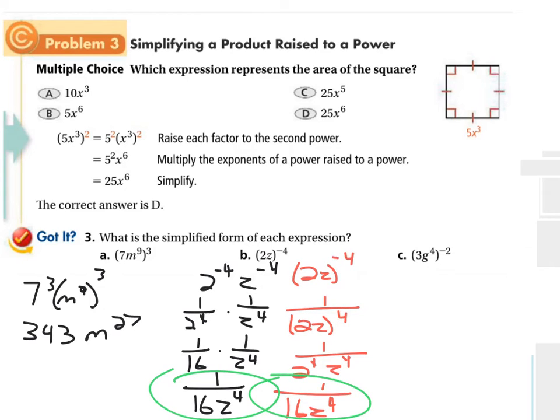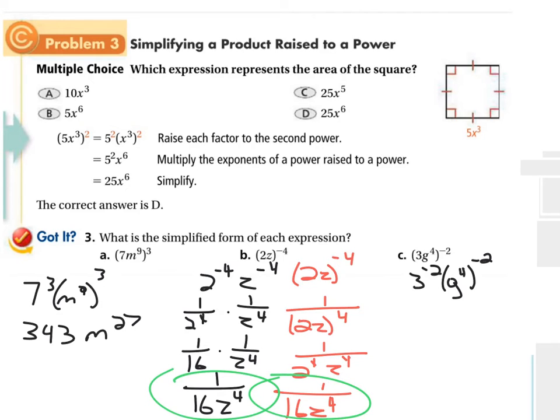And finally, we distribute this negative 2 to each part. So we get 3 to the negative 2 times g to the 4th raised to the negative 2.